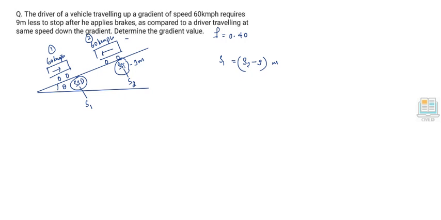What we need to determine here is the gradient value, and we substitute the values in the stopping sight distance formula. That is nothing but speed times its reaction time. I am writing it here for S1. And then we have V square by 2gf.